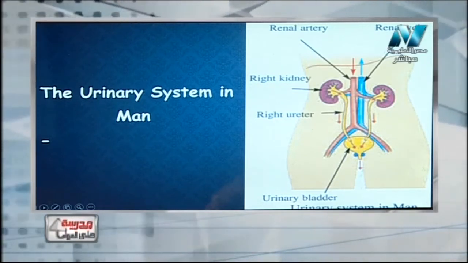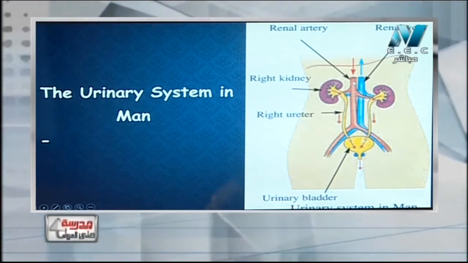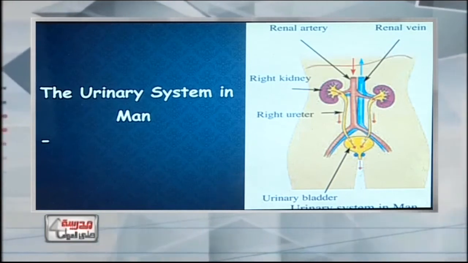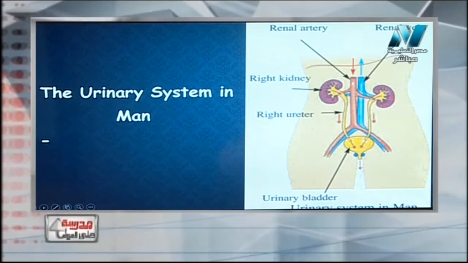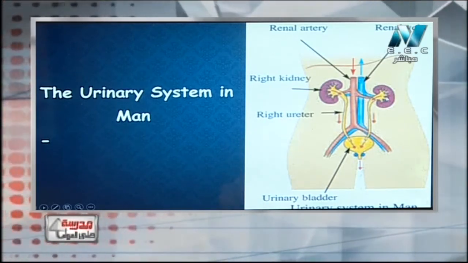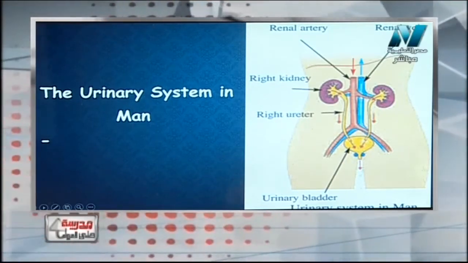And the renal artery is a branch of the biggest artery in the body, which is the aorta. So this big one in red color is the aorta. And a branch from the aorta goes inside the kidney, and it is called the renal artery.